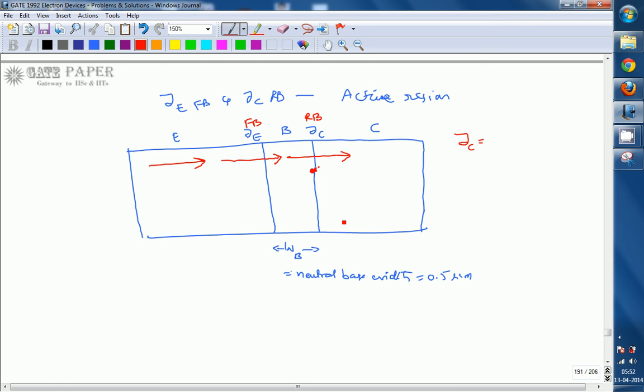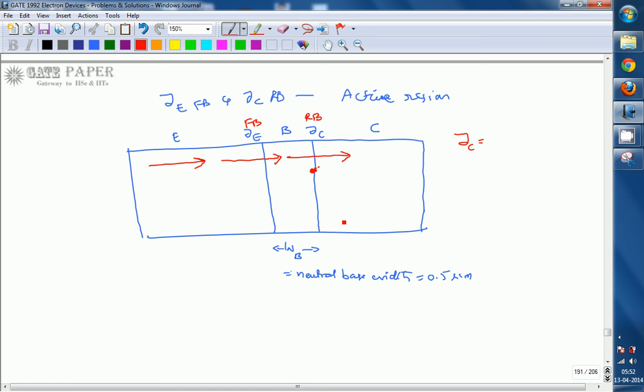The electrons are diffusing from emitter to base and a very small number of recombinations take place in the base, so that the maximum number of charge carriers emitted from the emitter will reach the collector, contributing to the collector current. So the collector current is due to diffusion of charge carriers at the emitter base junction.